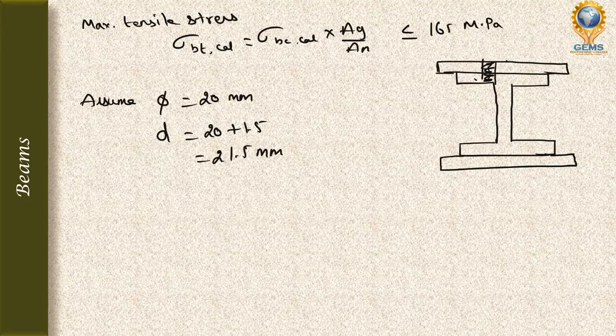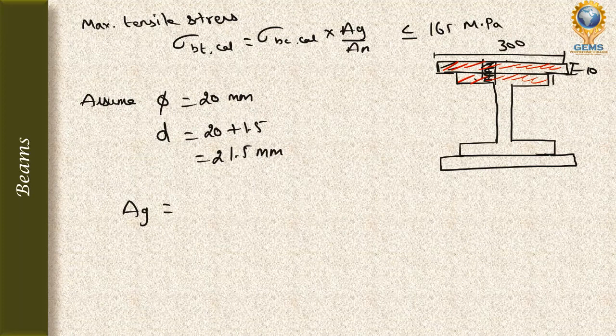What is next? We find the gross sectional area of the tensile flange. So AG is equal to, what is the gross area? Area of the plate plus area of the flange. Area of the plate we know, that is 300 by 10. Here the thickness of the flange is given, that is 17.2.